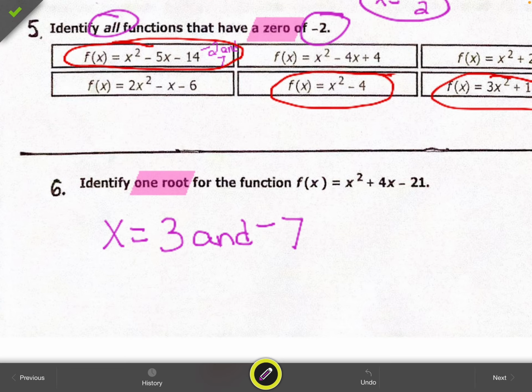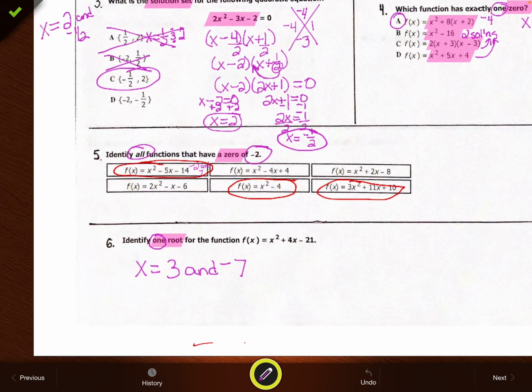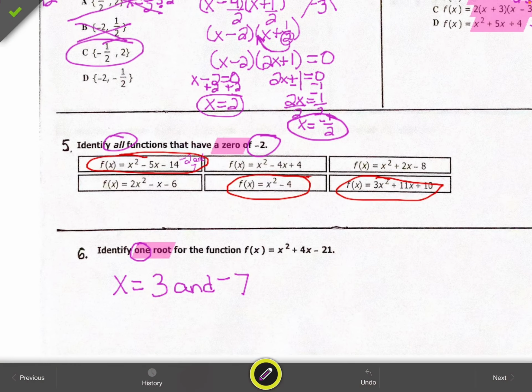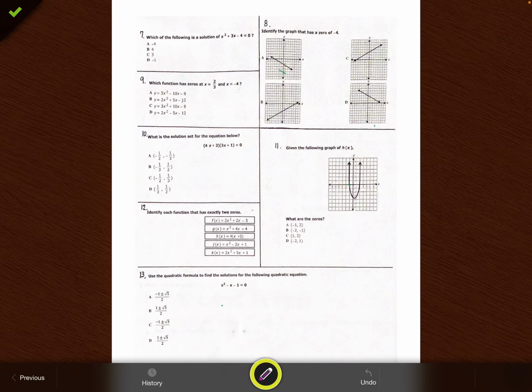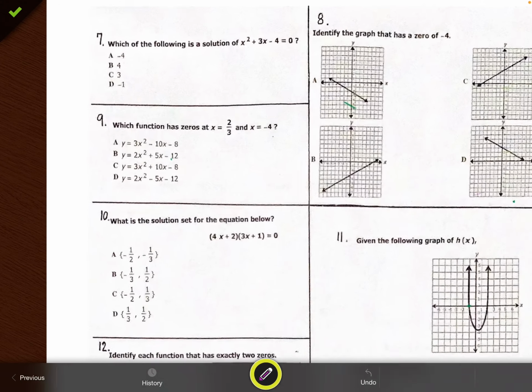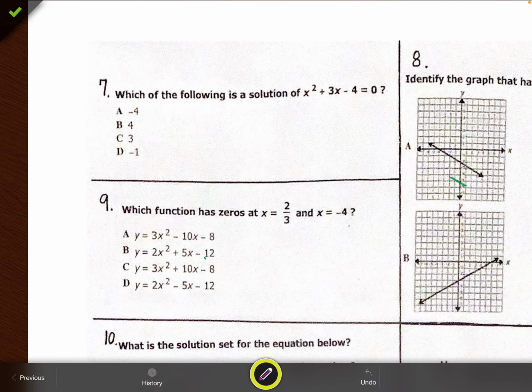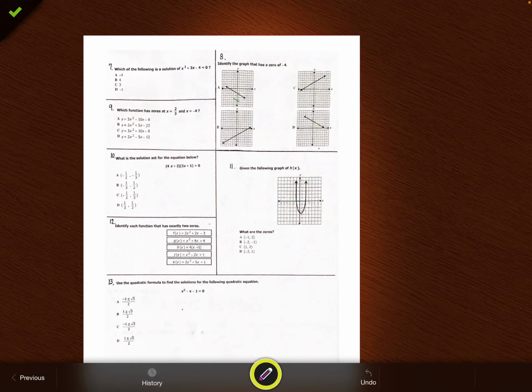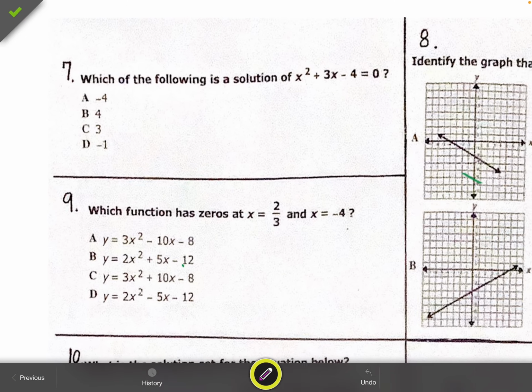Now, since they only wanted 1, you only needed to have put 1. So you could have either written 3 or you could have written -7. All right, 2 more, and then I'm going to pause the video and let you guys take a break, and then you can come back and watch the other couple that we have left.